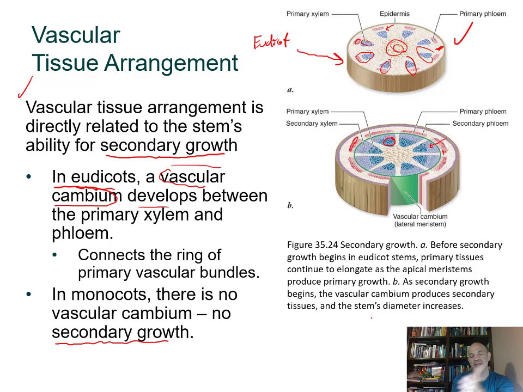So basically, the primary xylem stays toward the inside of the stem as new xylem is being added, and the primary phloem gets pushed outward as new phloem, which is the secondary phloem, gets added to the inside of that. So that's how the growth occurs here in secondary growth and thickness.